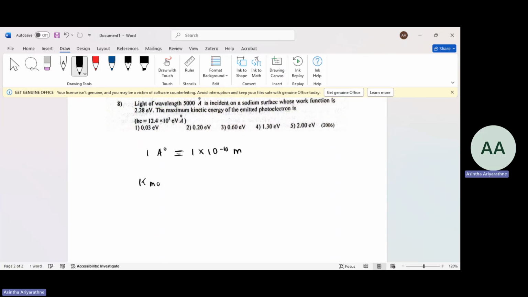So K max is the photon energy minus the work function, which is hc over lambda minus the work function. hc is 12.4 times 10 to the power 3 over lambda, minus 2.28.